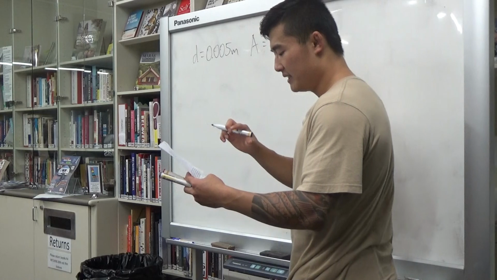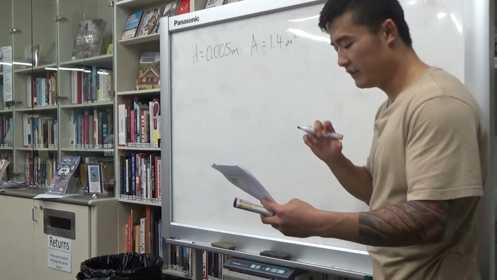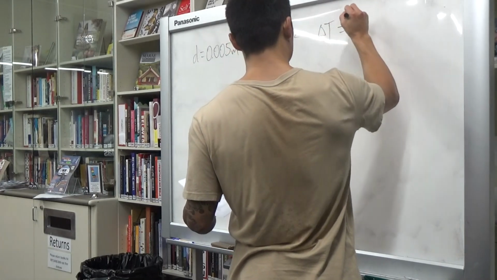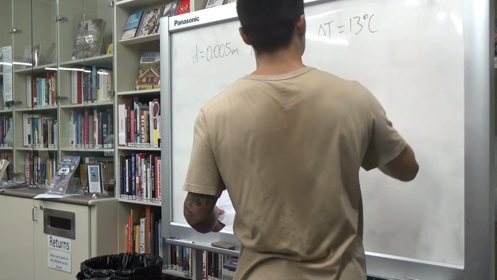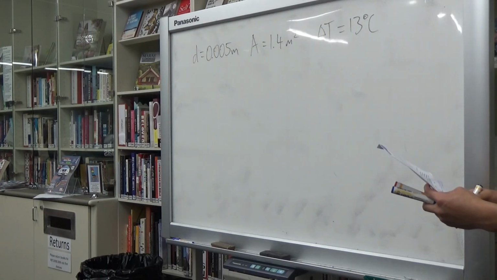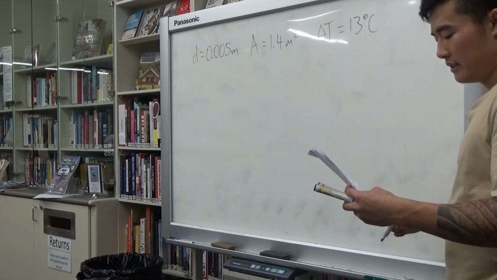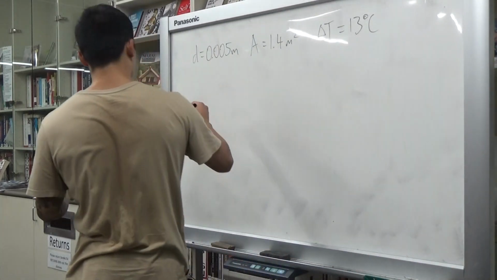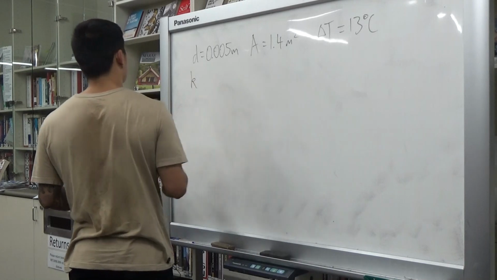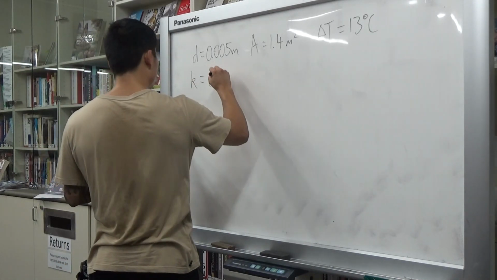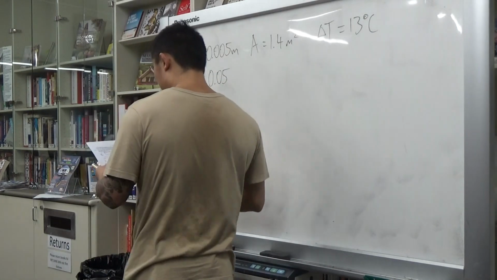So in our first sentence, we were told that the water temperature is 12 degrees. So our difference in temperature, delta T, is going to be 13 degrees Celsius. And the thermal conductivity of rubber, so thermal conductivity is K. So K is equal to 0.05.